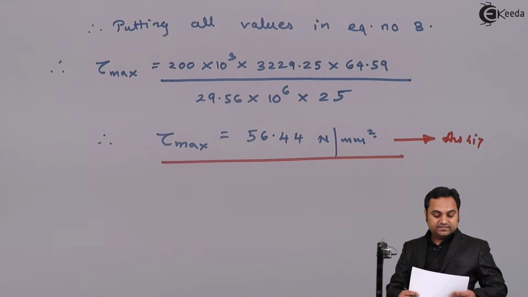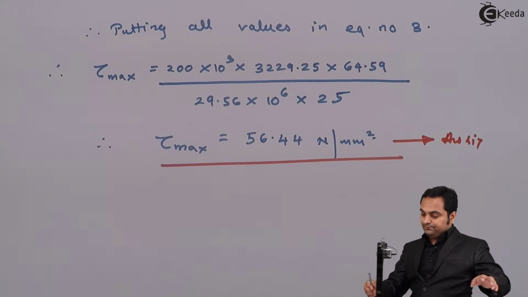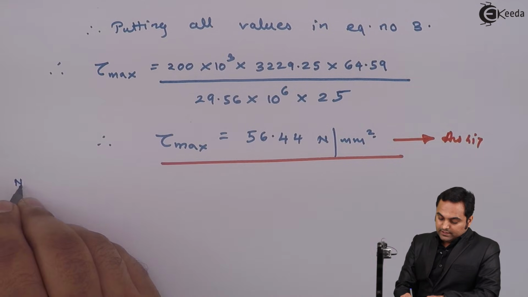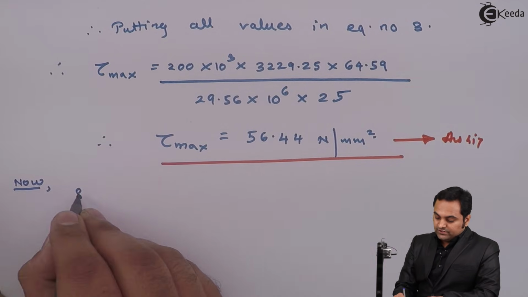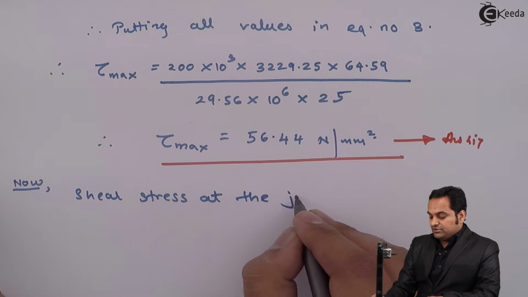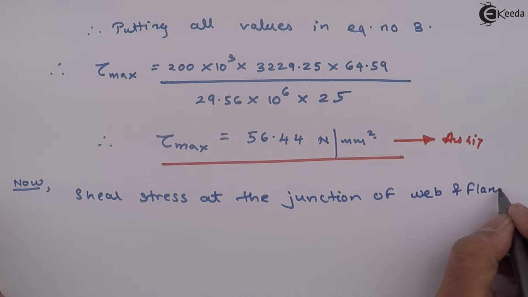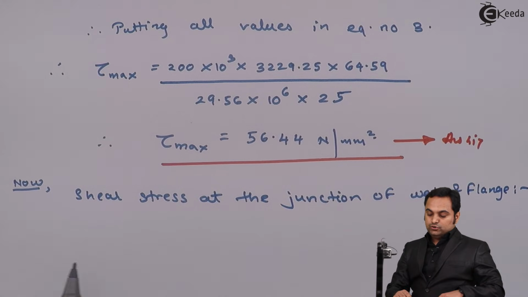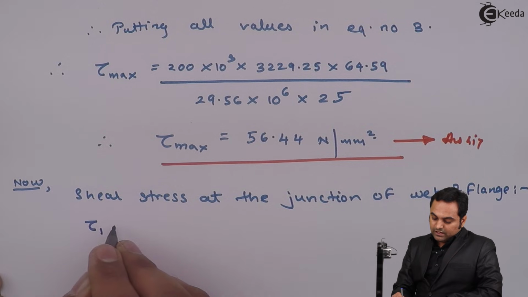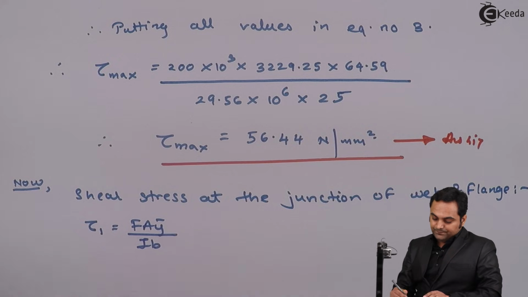So after this, once I have calculated the maximum shear stress, now I'll find out the shear stress at the junction of web and flange. I'll call it tau 1 and the formula will remain the same, F A y bar upon I B.